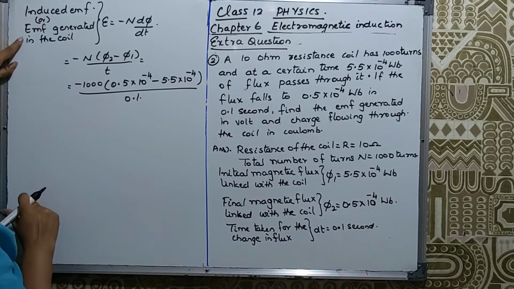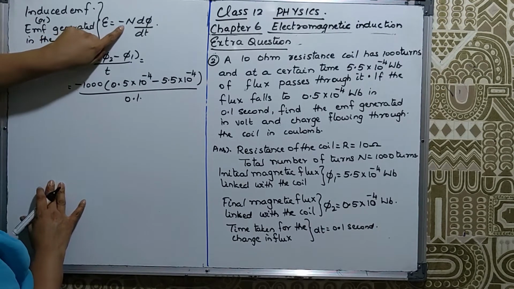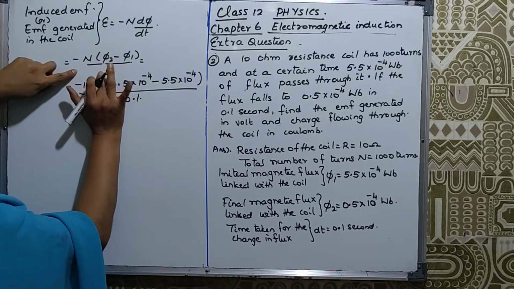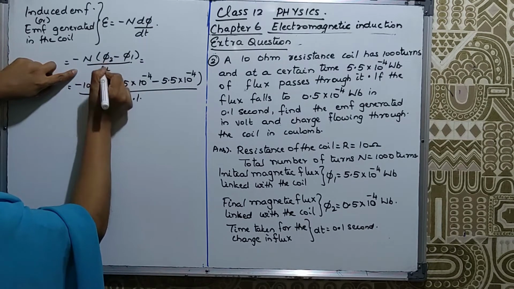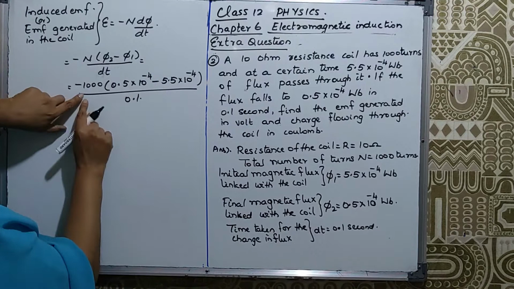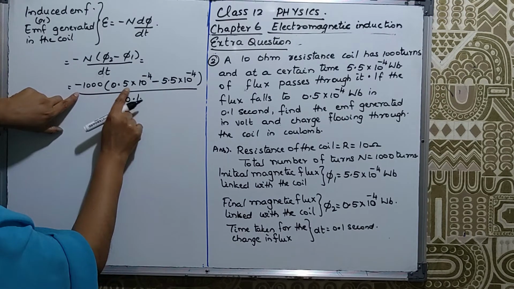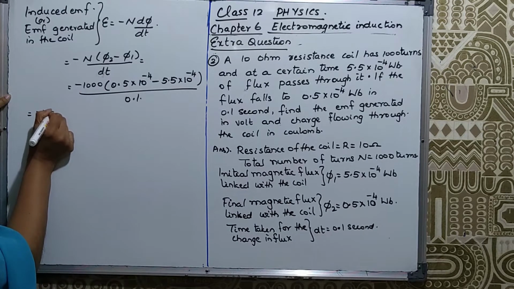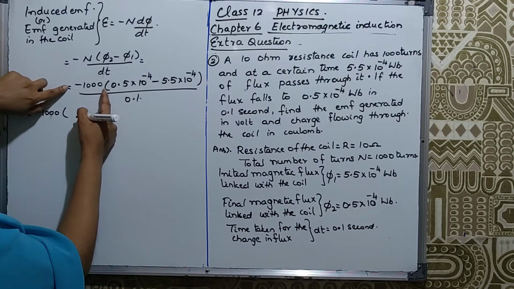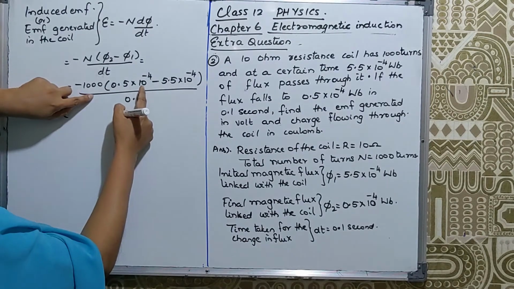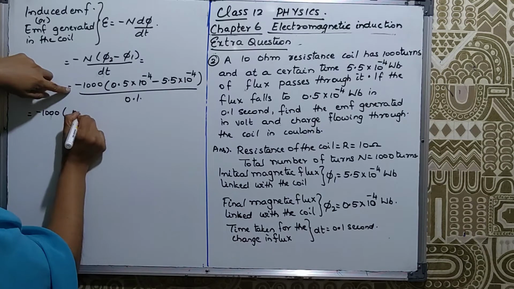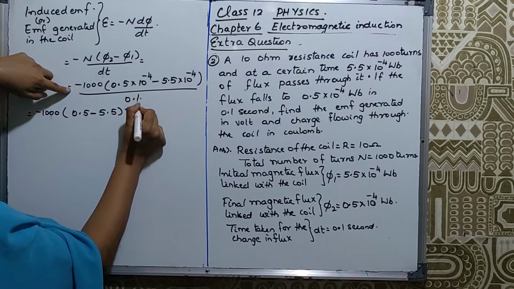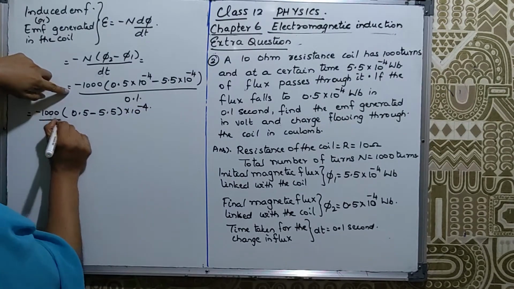So, induced EMF or EMF generated in the coil, epsilon equal to minus n into d phi by dt. So, that is minus n into phi 2 minus phi 1 divided by dt. We are substituting minus 1000 into, we will take 10 to the power minus 4 common outside, so it will be 0.5 minus 5.5, divided by 0.1.